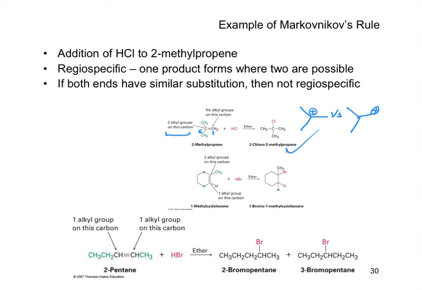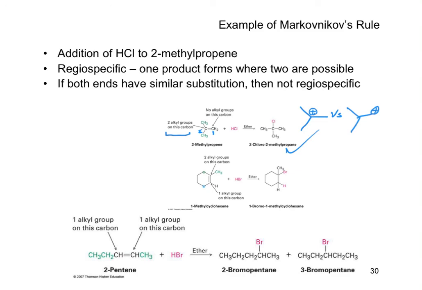It's going to go solely to give the 2-chloro-2-methylpropane. If you do the same thing with 1-methylcyclohexene, it's the same idea, because you have the option to form the tertiary, and whenever a tertiary carbocation is there, that typically takes over, so you are going to see only one product, and so we would say that this is a regiospecific reaction.